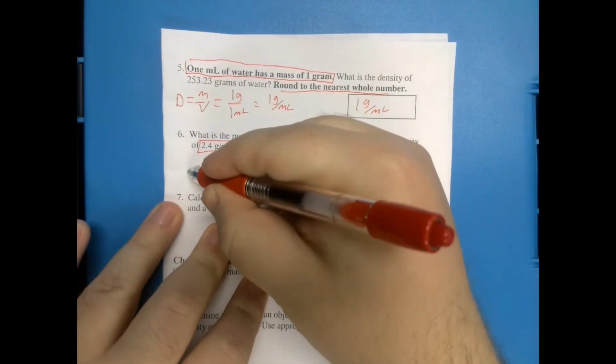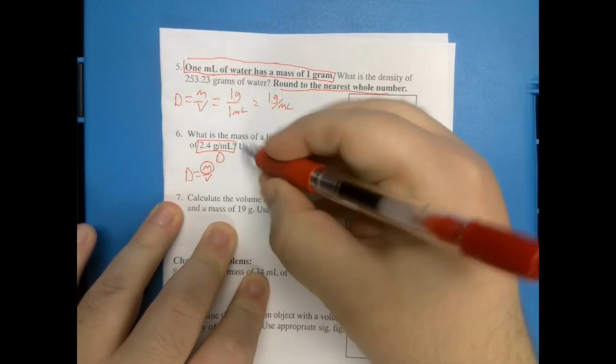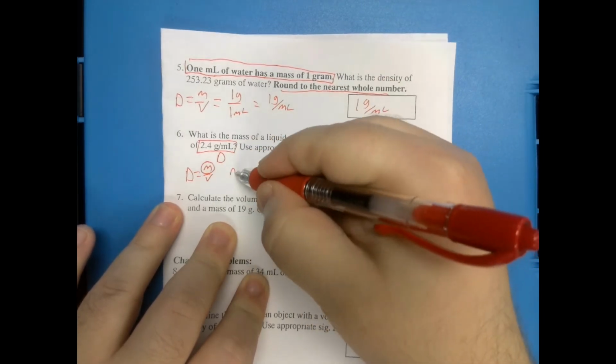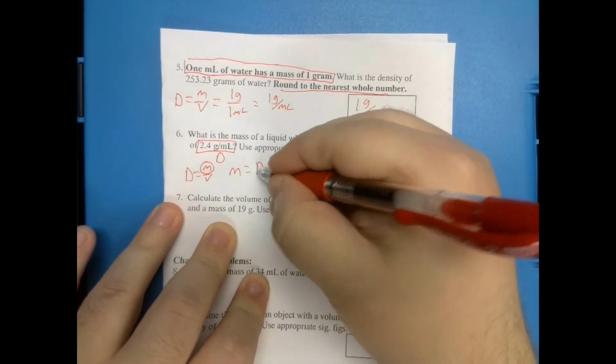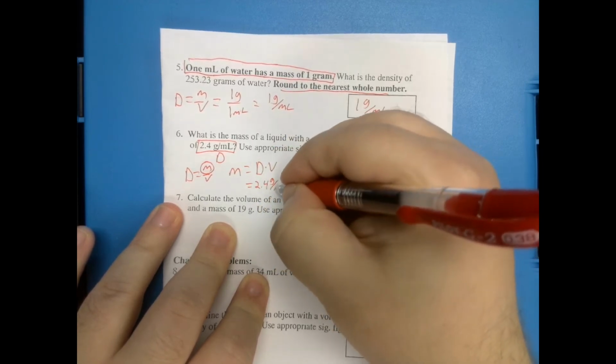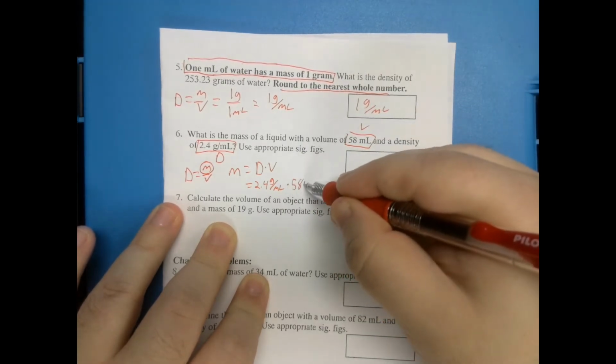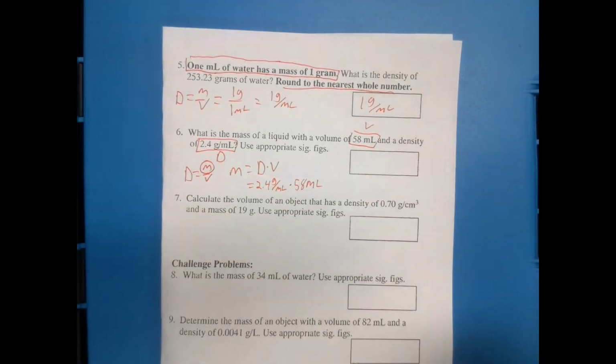So again, density is equal to mass divided by volume. Solving for mass, mass is equal to density times volume. So that's 2.4 grams per milliliter times 58 milliliters.